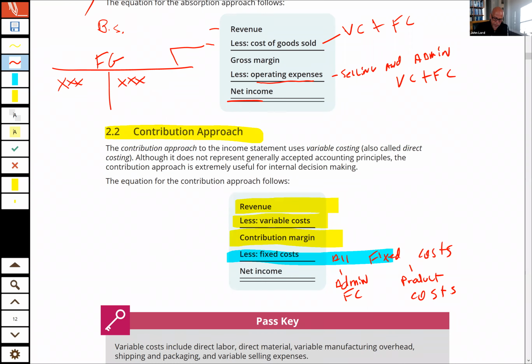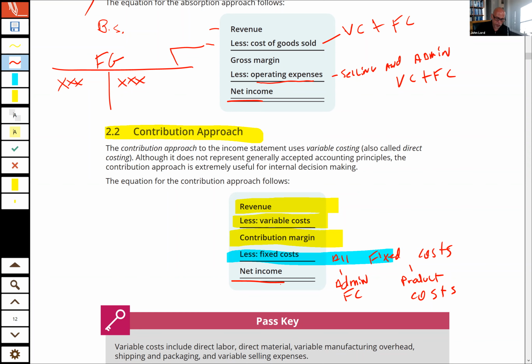So notice what we're doing, guys. We're not letting our fixed product costs sit in cost of goods sold. We subtract them immediately in calculating net income. Sometimes I see it called operating income. So what happens?